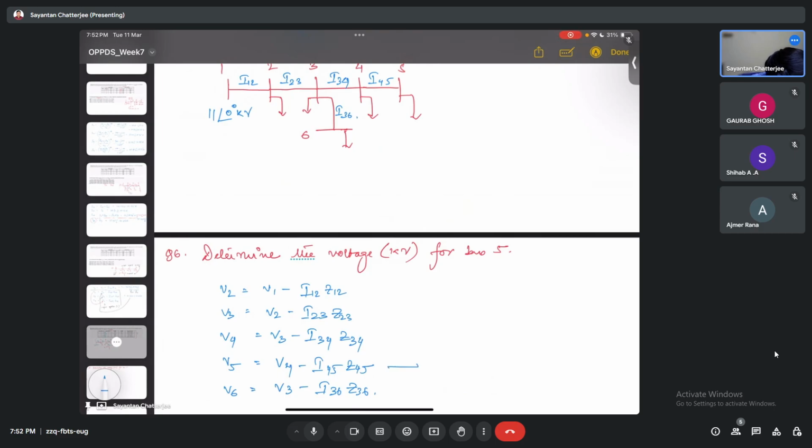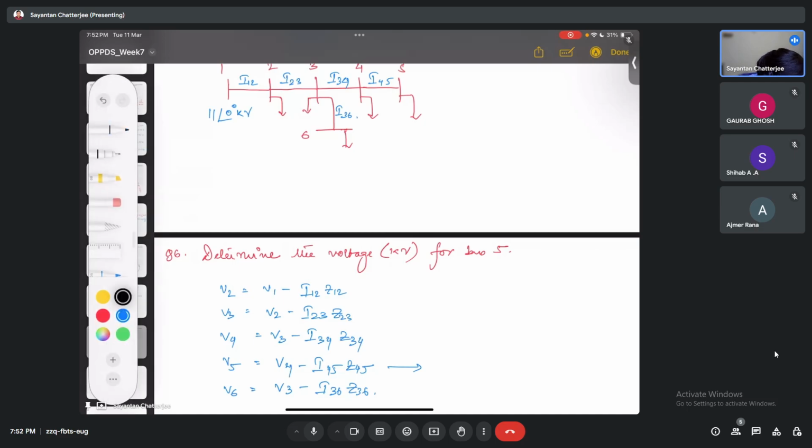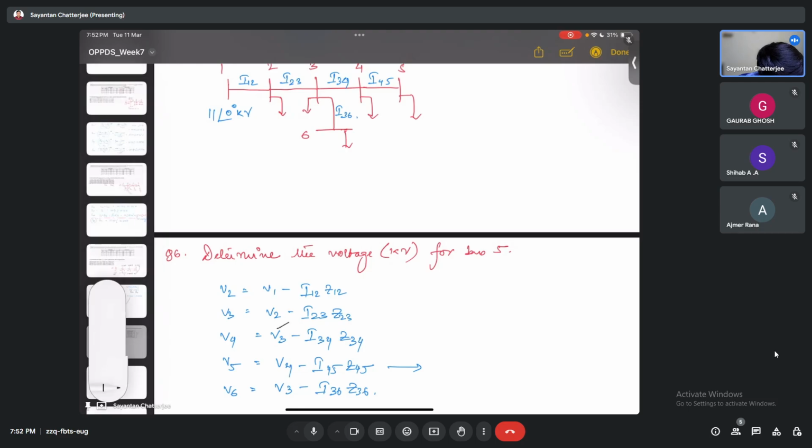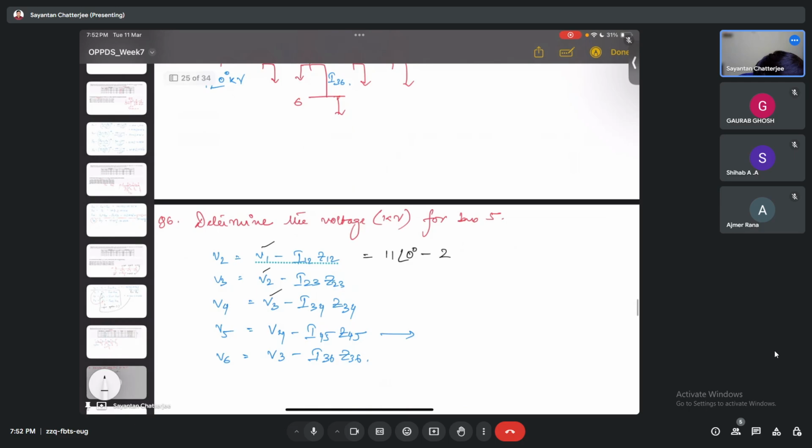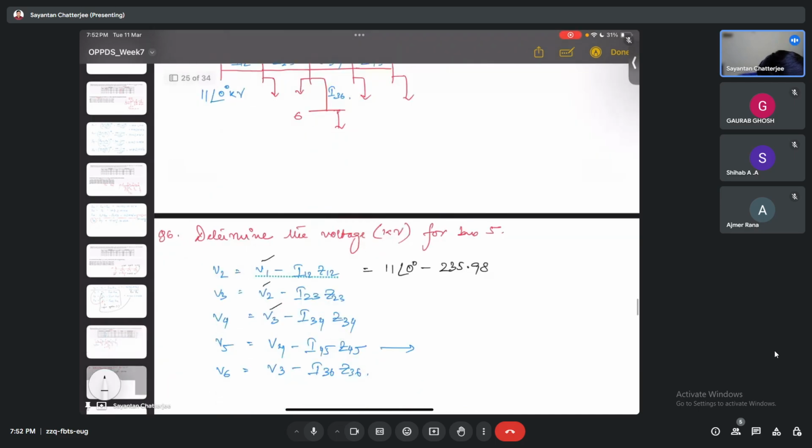So here we are required to find out this value, V5, and for finding V5 we need V4, because V4 is not known to us, we need to calculate V3. To use V4 we need to know V3. To use V3 we need to know V2. Only known is V1. So we will have to do all these four steps. So 11 angle 0 minus I12, which is given. What is I12? 235.98, the angle minus 26.64.